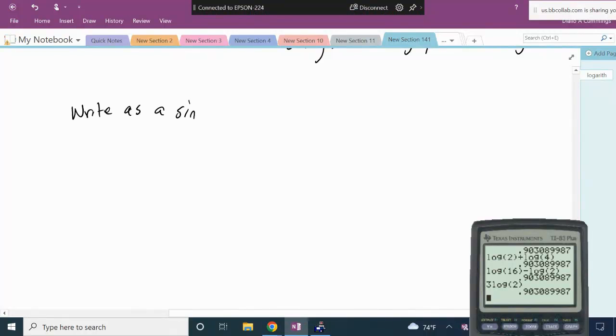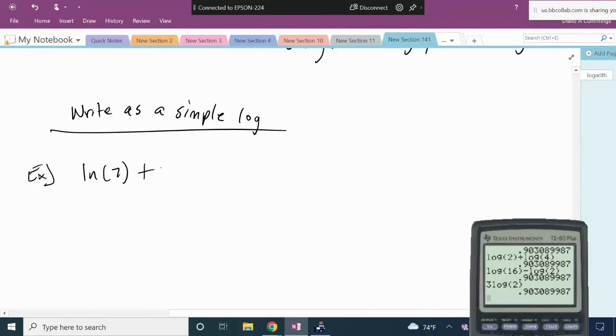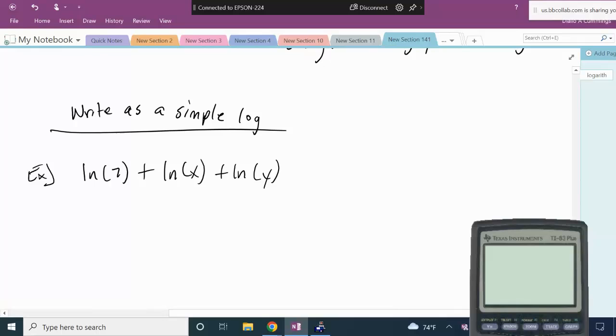Okay, write as a single log. The natural log of 7 plus the natural log of x plus the natural log of y. And we're asked to write this as a single logarithm.